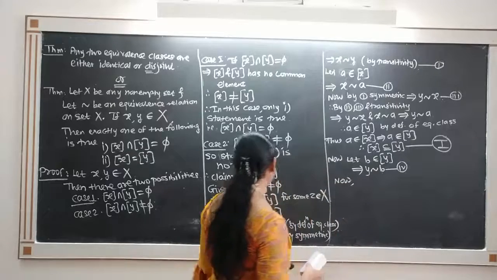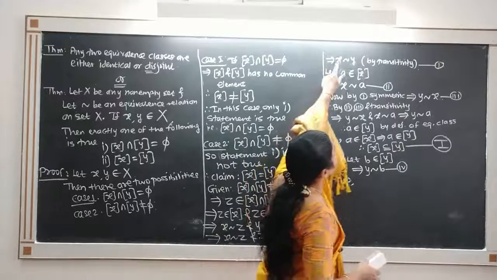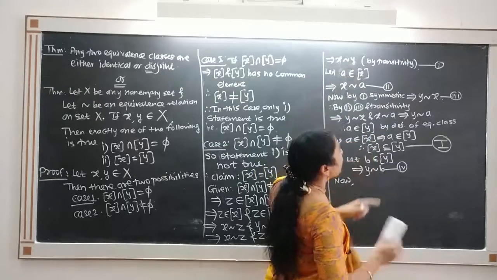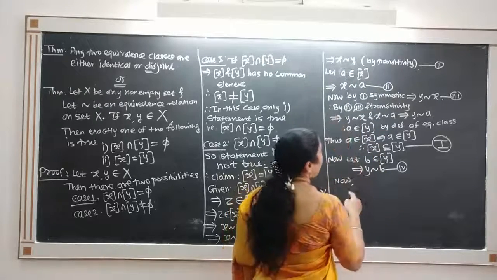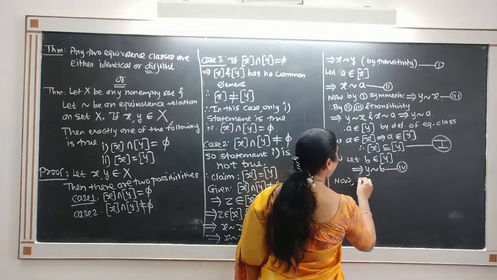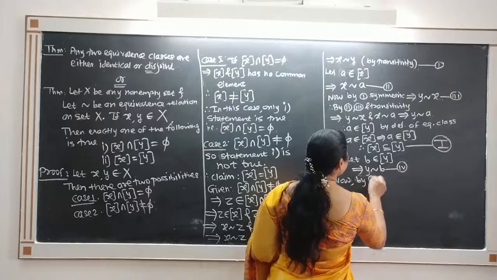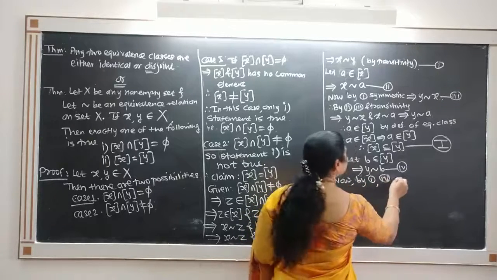Use the given thing. See what is given to us. It is given that X is related with Y, by 1. So I will use 1 and 4, and transitivity.